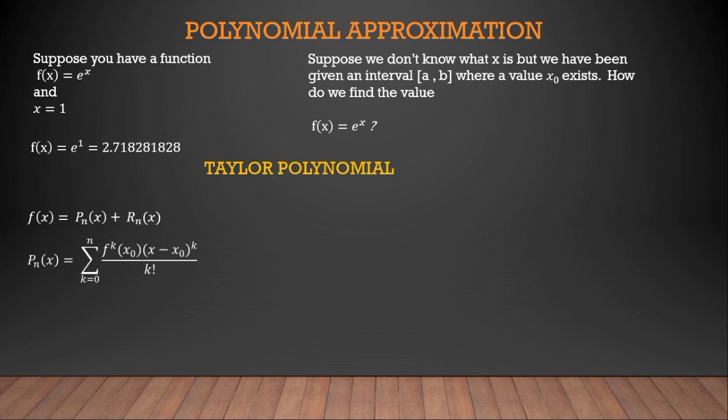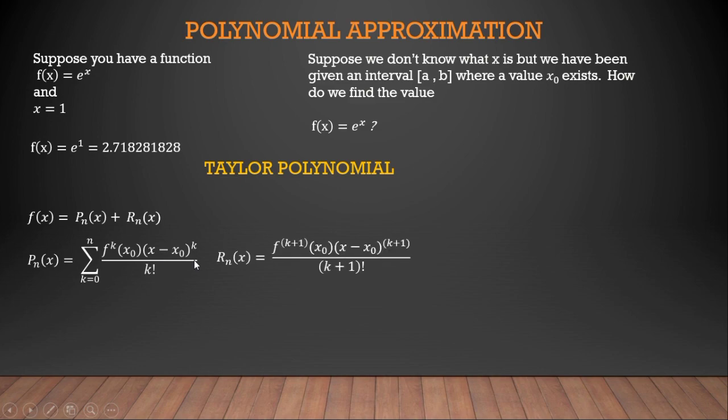So Pn of x is equal to the sum operator from k equals 0 to n of f to the power k of x naught, so basically the k-th derivative, multiplied by x minus x naught to the power k, divided by k factorial.